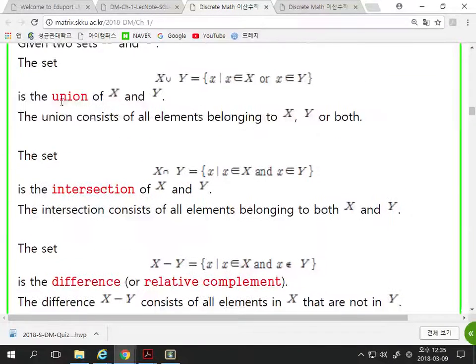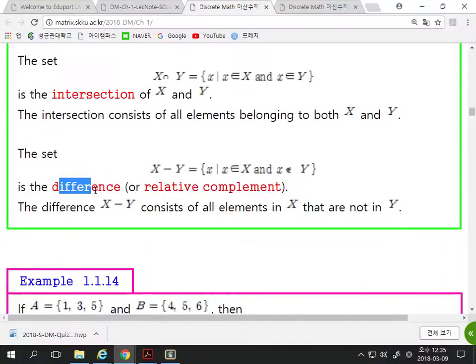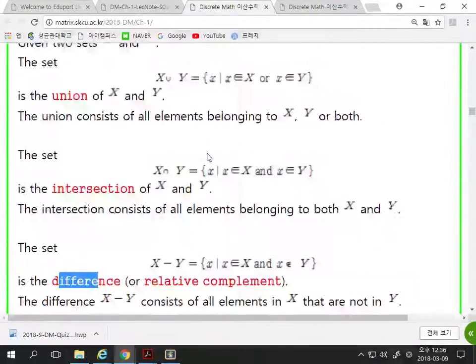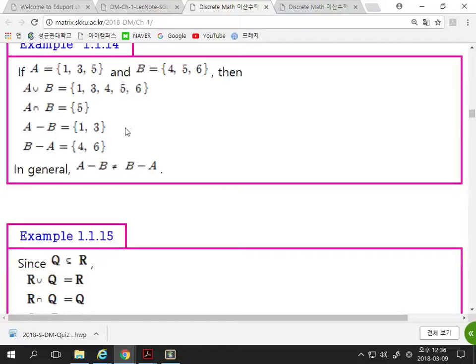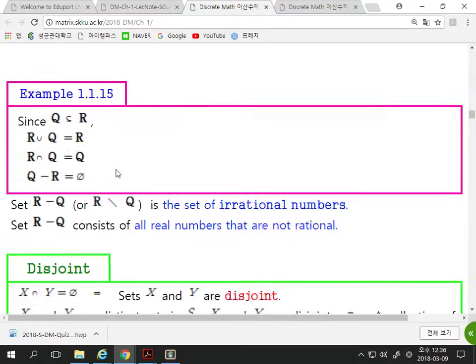Now we define union, intersection, and difference, as you know. And this is the notation for the complement.